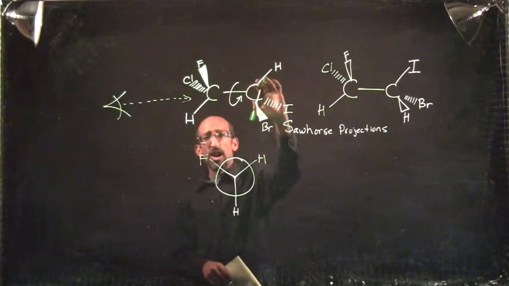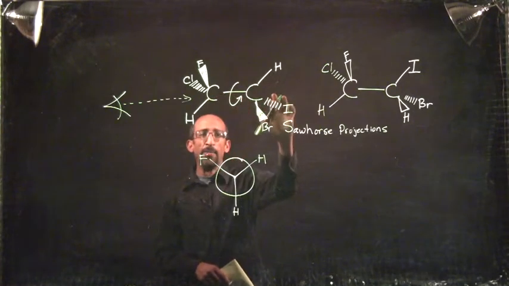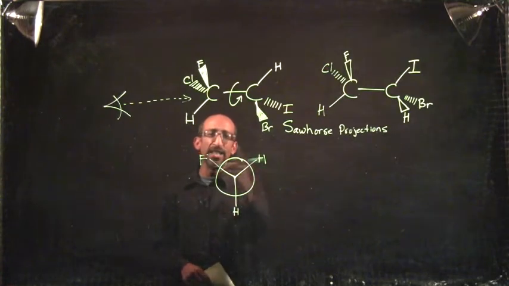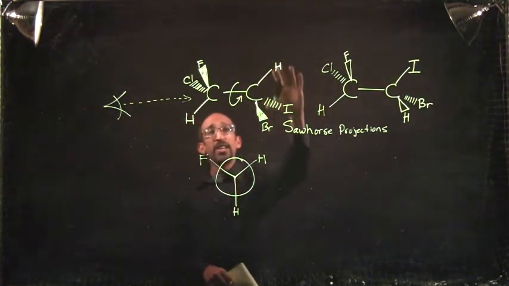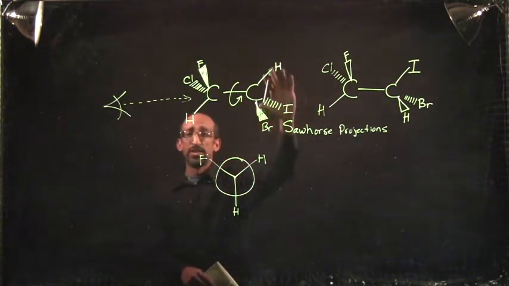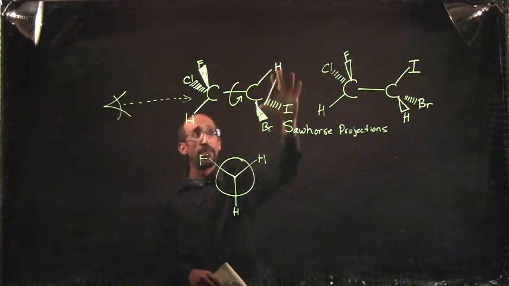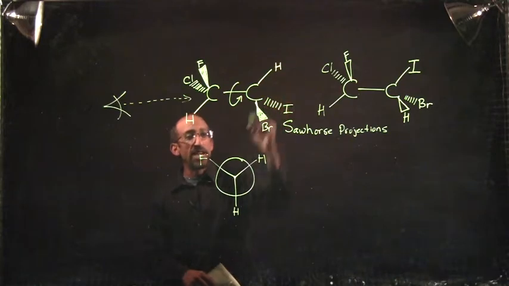Now for the second carbon of the bond we're sighting down, we don't explicitly show that bond. It's hidden behind this circle. But we need to still show the 3 substituents, or however many substituents are coming off of it. So in our case here, we have 3. Again, I have this hydrogen coming up.